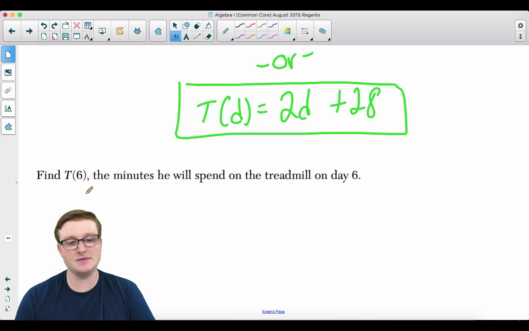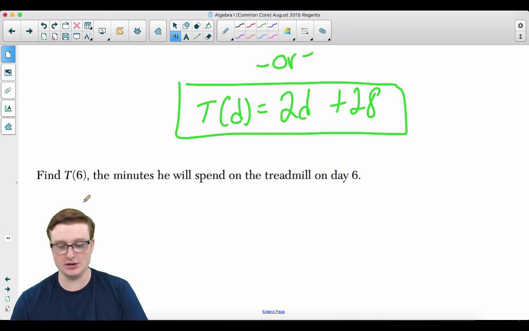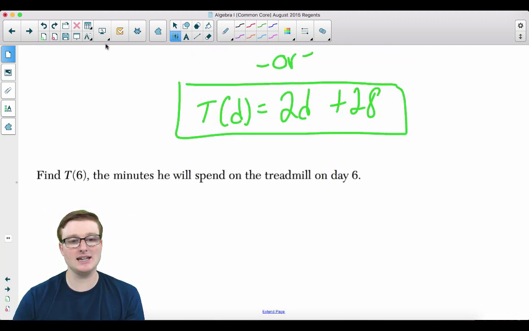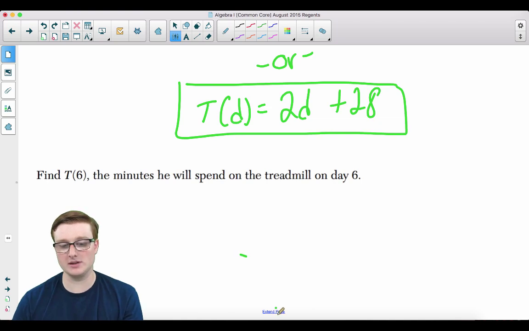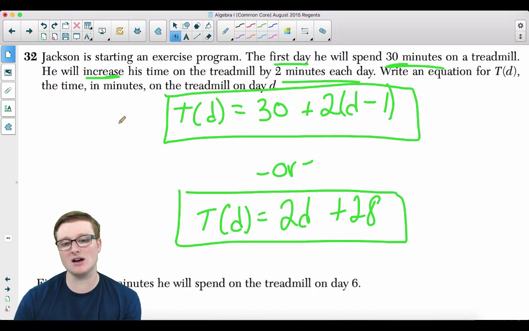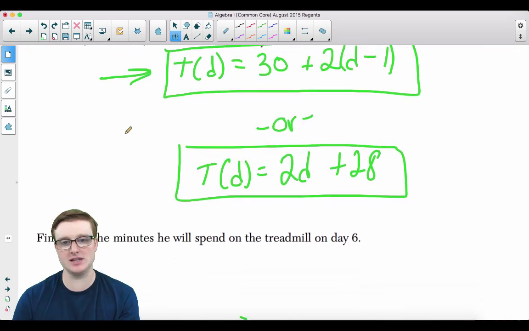Then it says find t of 6, the minutes he will spend on the treadmill on day 6. So all you need to do is take the 6 and plug it into one of those formulas that I have up there. Since I assume that most of you wrote down this up here, I'm going to use that one.